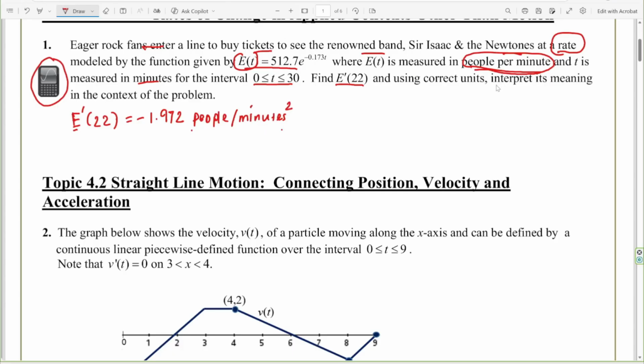Now, we need to interpret its meaning in the context of the problem. So we need to say the rate at which people entering the line to buy tickets is decreasing by 1.972 people per minute, right?